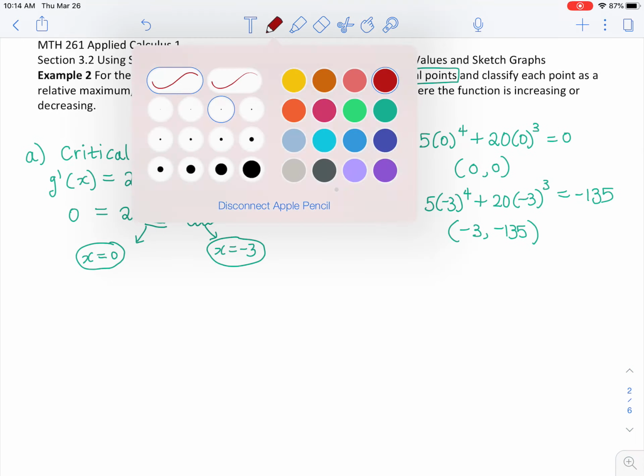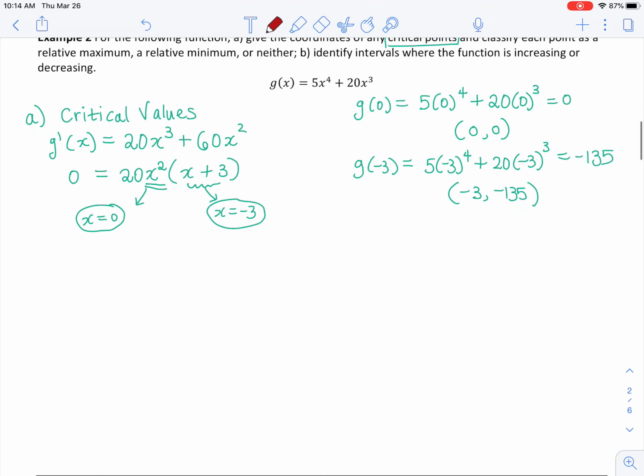I am about to find the second derivative so that we can use the second derivative test. So find G double prime. G double prime of x, the second derivative, is equal to, using this right here, 20x cubed will give us 60x squared, plus, now what about this term?